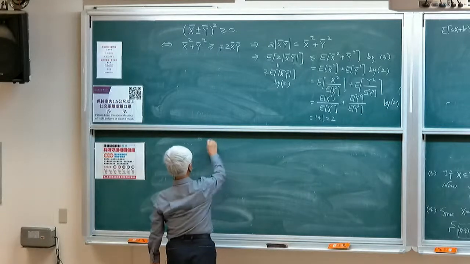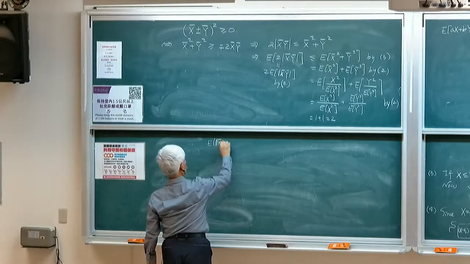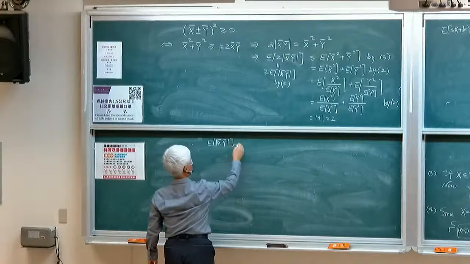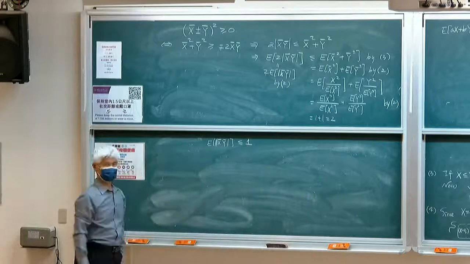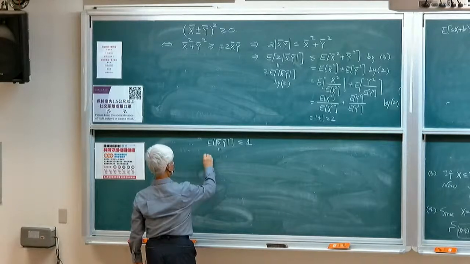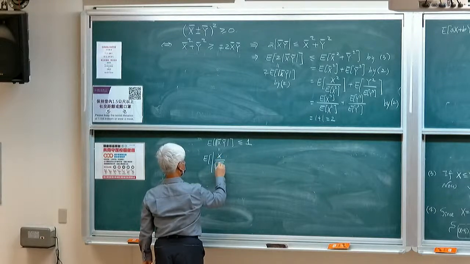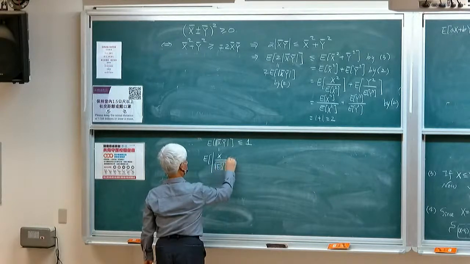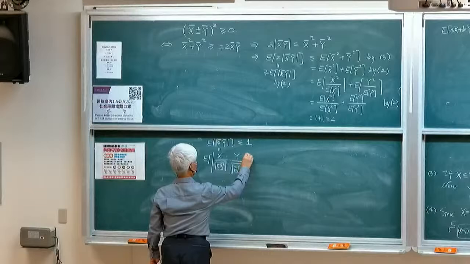Okay, so when the expectation of x bar, y bar will be less than or equal to 1 if divided by 2. All right, but what is that? This is the square root of the expectation of x squared and y divided by the expectation of y squared, absolute value.